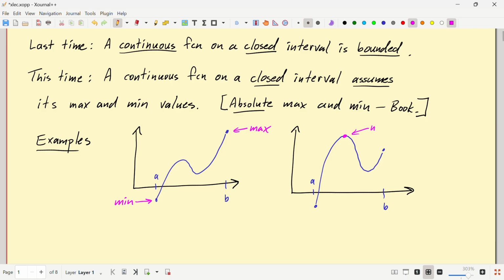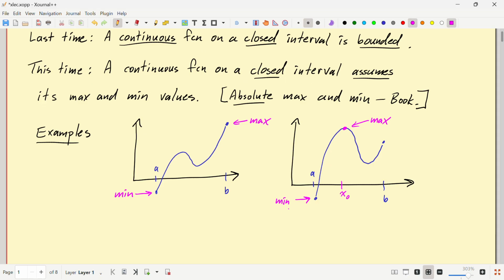And the max is attained in this picture. There's actually a point. In the left one, there'd be the A and the B endpoints where the max is attained. But in this one, the max would be attained right here. So there's actually a spot that attains that max.